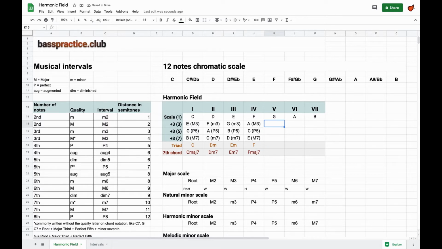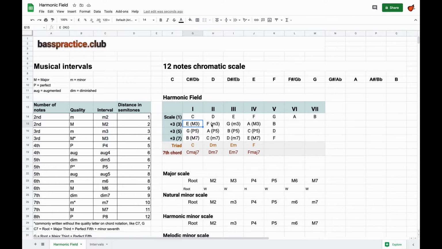Let's do it with the G plus 3: 1, 2, 3, B. B, 1, 2, 3, D, and D, 1, 2, 3, F. Okay? The same thing for A. And now we can take a look at this. When you find the first interval or the first chord and you want to fill in the whole table, you just continue the scale from that note.